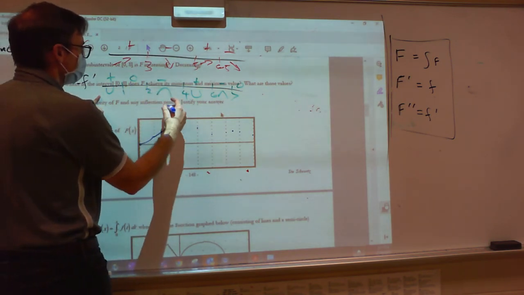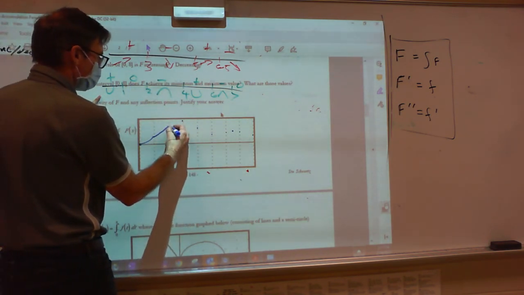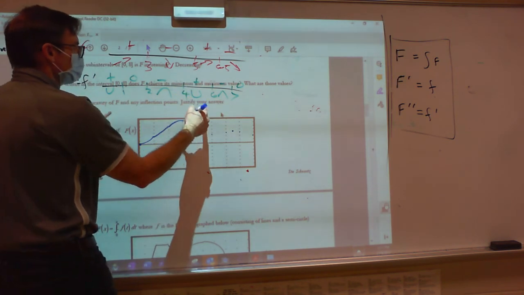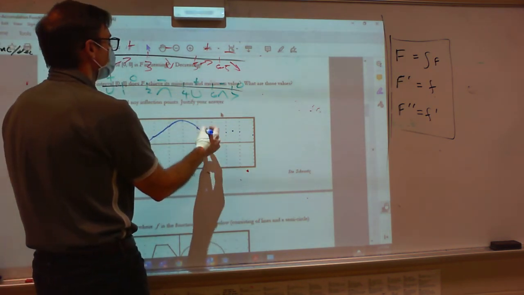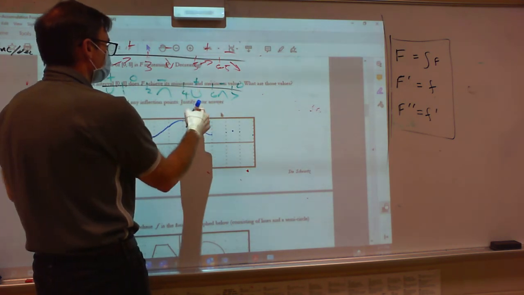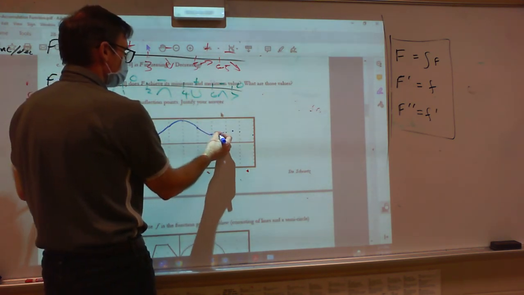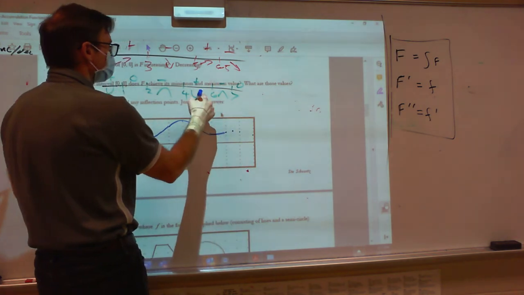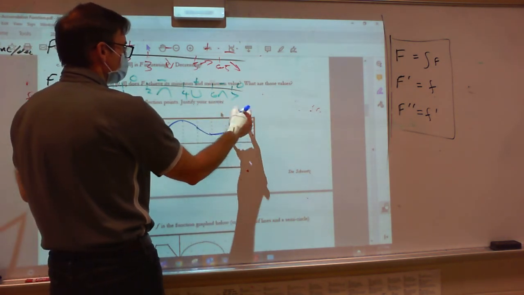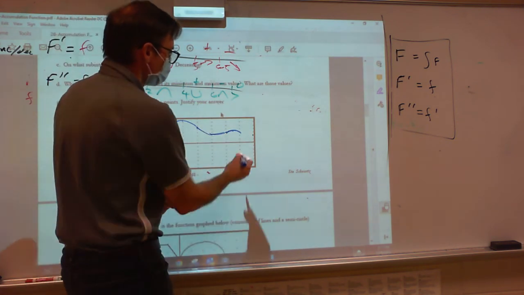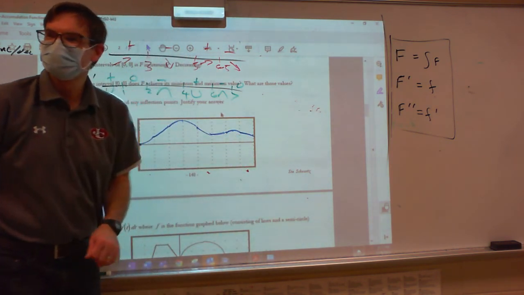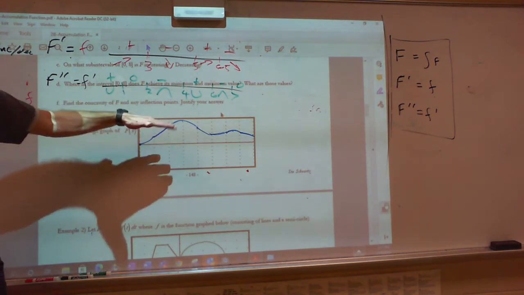Then it's concave down to 4, then it switches to concave up to 6. Then it's concave down to 7. And after 7, it's flat. You see how we created our picture?